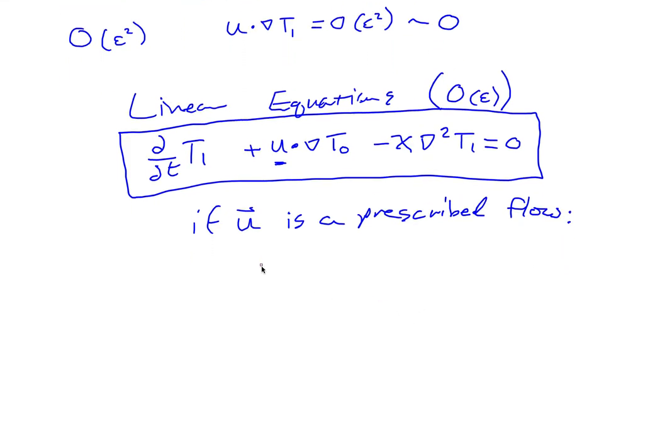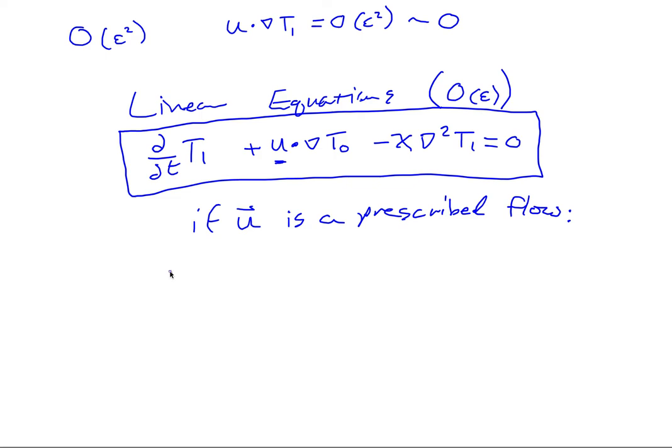If u is not an evolving variable of the system, then we'd have an order 1 balance that had chi del squared t0 plus or minus u dot grad t0, collecting those terms on the same side, is 0, and we'd have an order epsilon perturbation system.